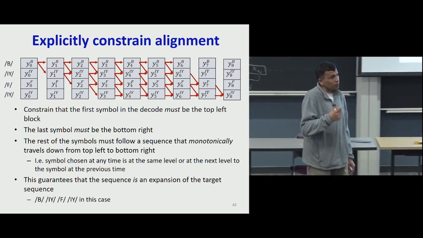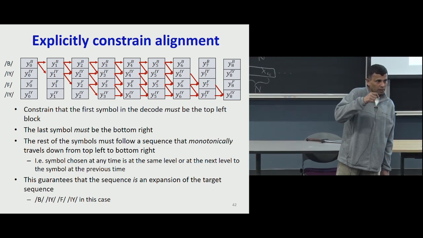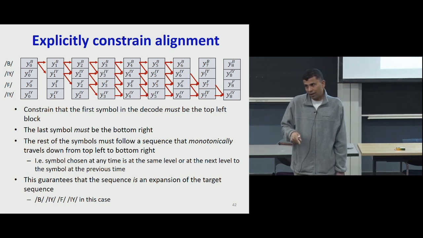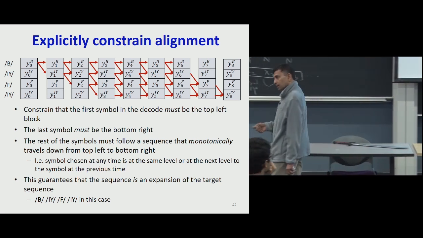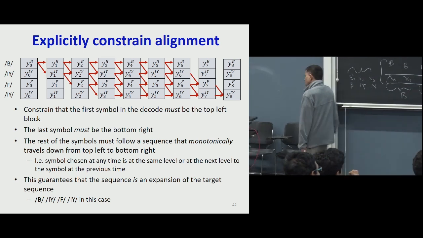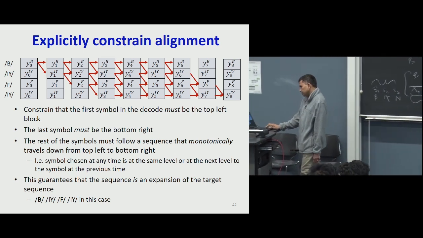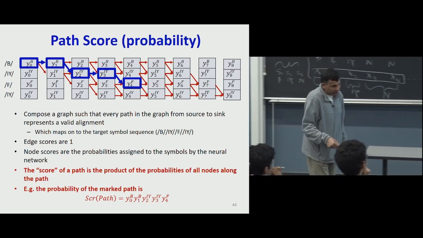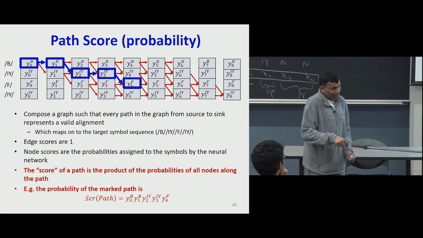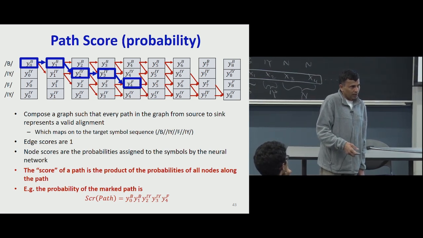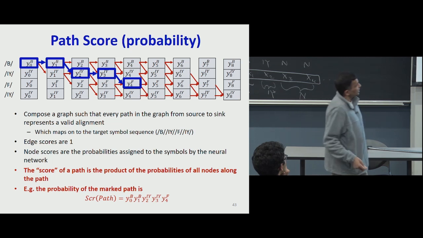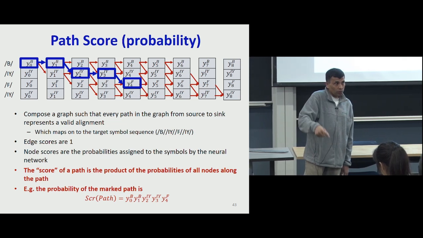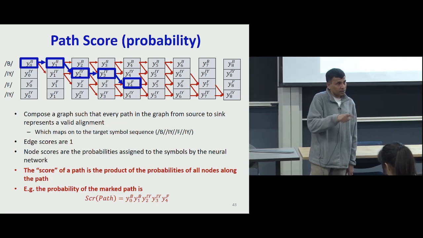And I'm going to assign the probability of the symbol to each node. So then if I do so, this whole thing just becomes a graph where every node in the graph has a score, which is the probability assigned to the symbol corresponding to that row at that time by the network. Every edge has a probability of 1. And now any path will have a score which is the total probability of all the symbols in the path.